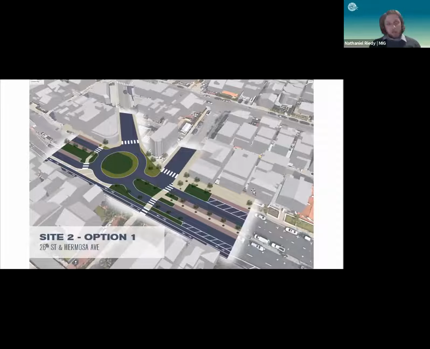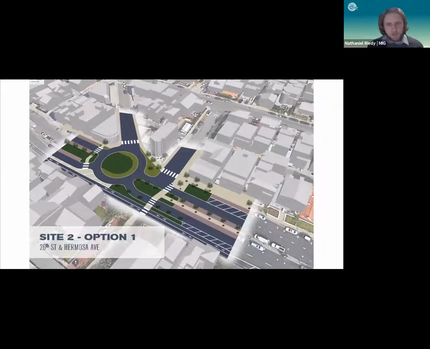Right now, if you can picture the aerial that Jenny showed earlier, there's currently 1 lane that goes up Greenwich and then 1 lane that continues straight along Hermosa. This merges those to make the traffic flow through the intersection more smooth.